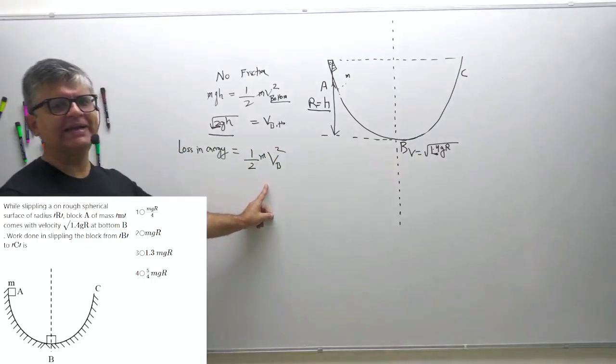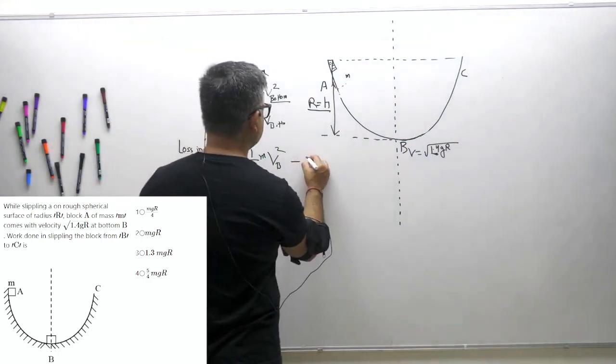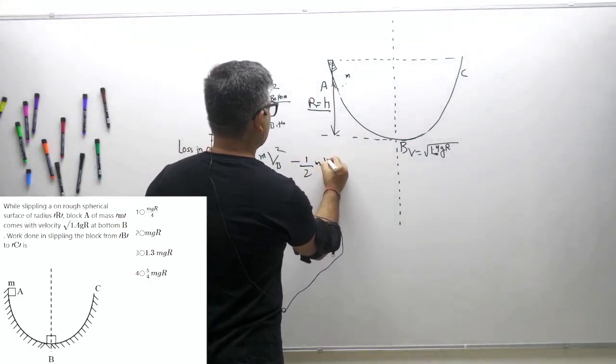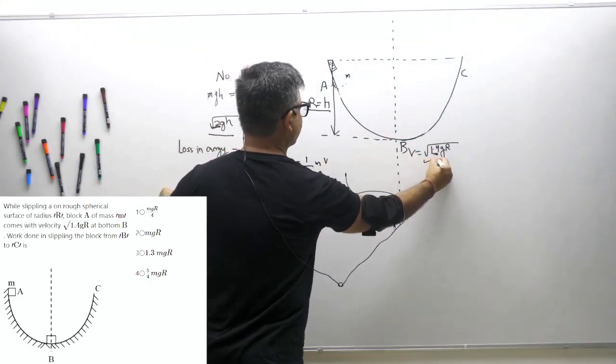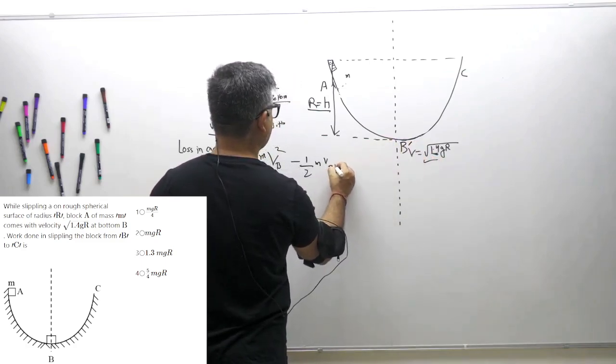This is the kinetic energy when there was no friction, and now the kinetic energy when there is friction, which is this velocity. Let's call it b dash squared.